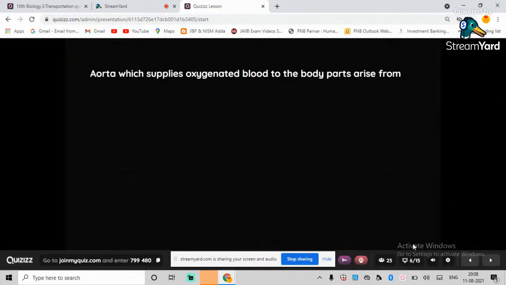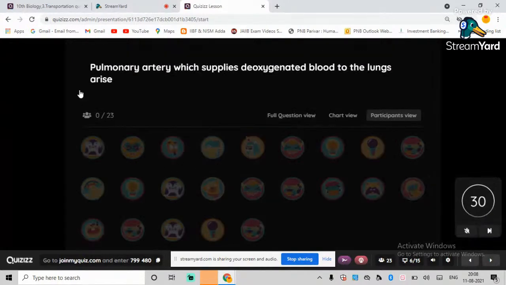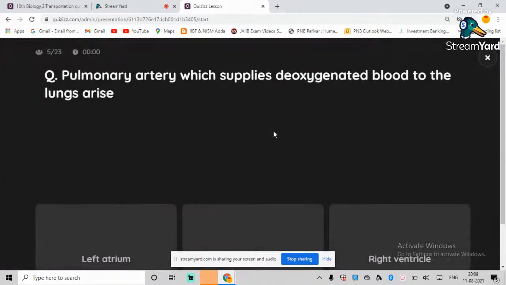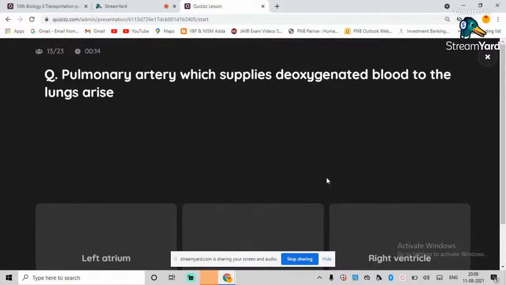Now the fifth question. The pulmonary artery, which supplies deoxygenated blood to the lungs, arises from the left atrium, left ventricle, right ventricle.